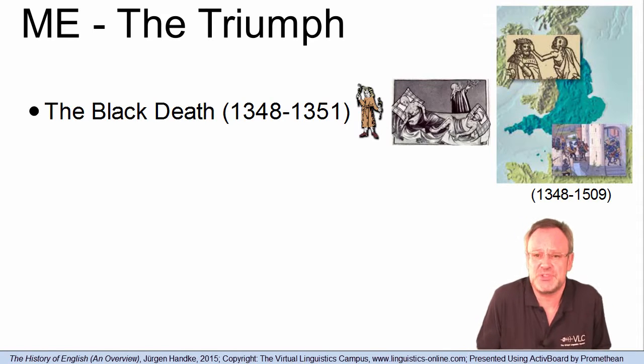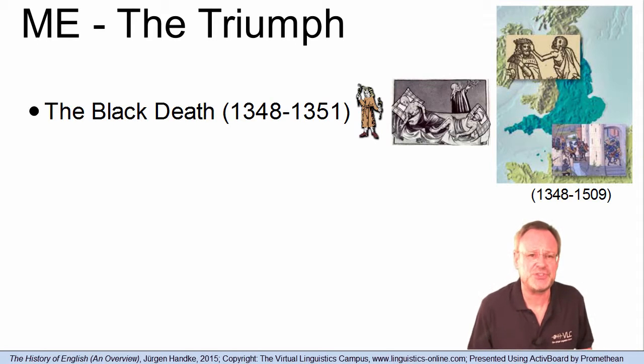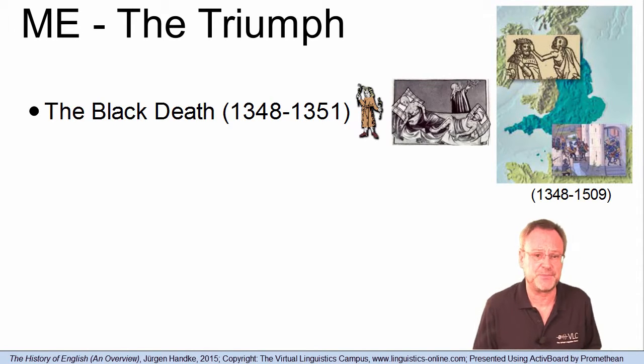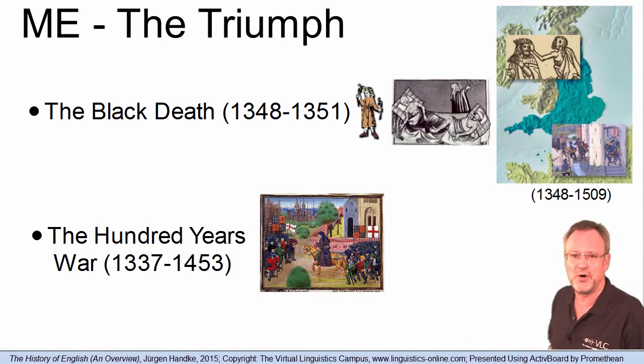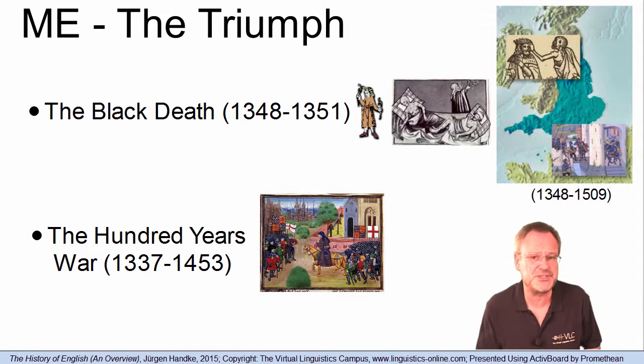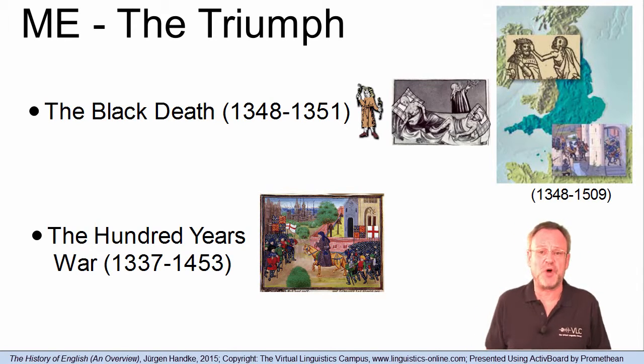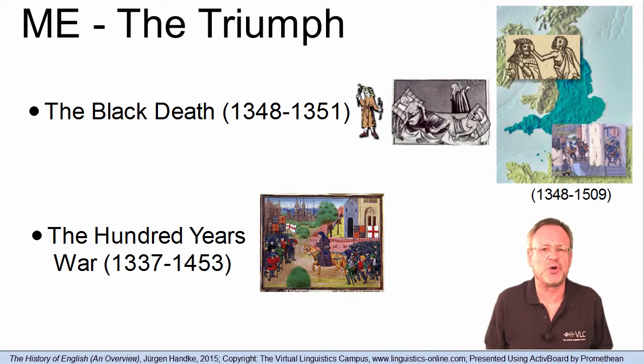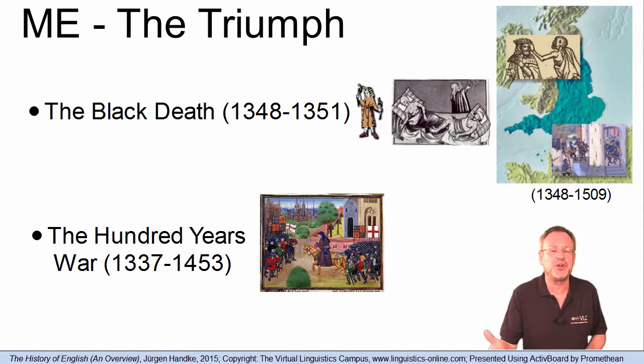This led to enormous labour shortages and an increase of the prestige of English, which was the language of the working class. Another event was the 100 Years' War from 1337 to 1453, which led to a loss of all continental holdings, without which the English no longer had important reasons for learning and using French.